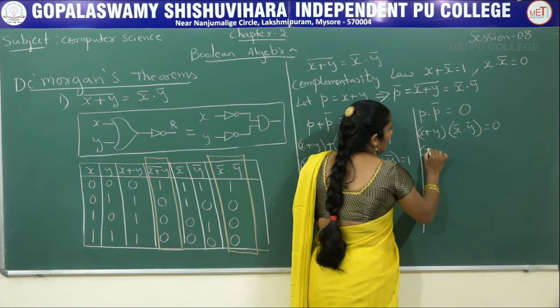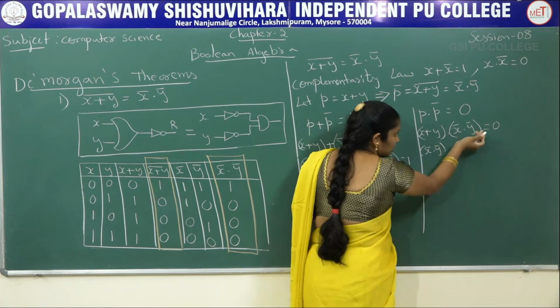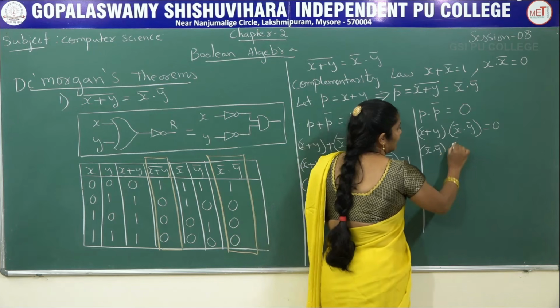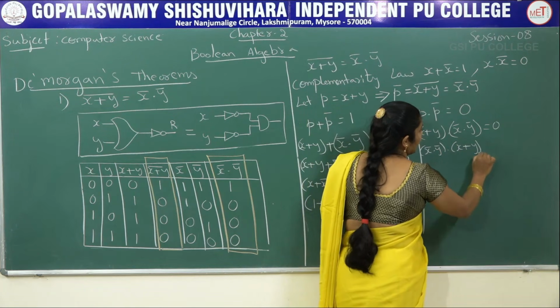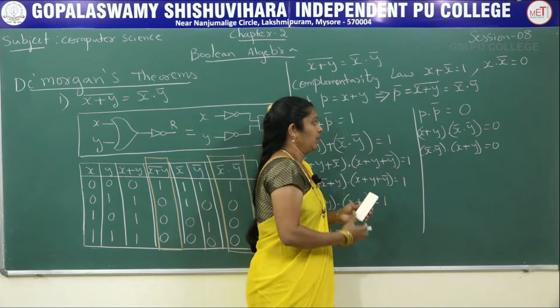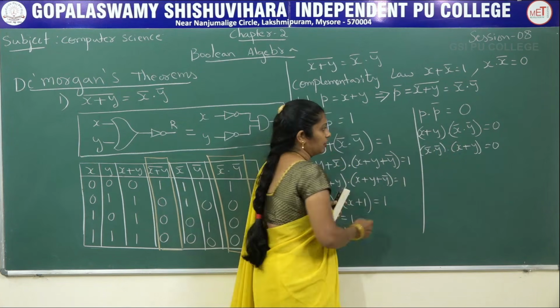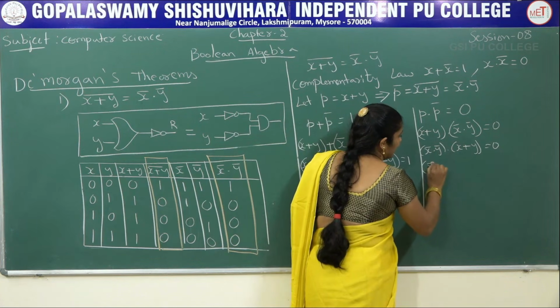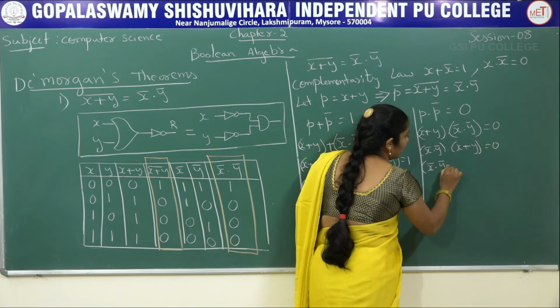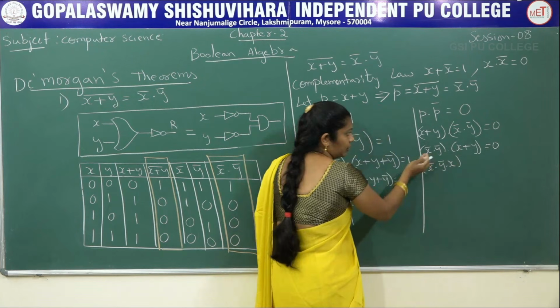First I am going to write x bar into y bar, this part first, and then x plus y equals 0. Here also we have the dot operator, so we can directly distribute. That's why the output becomes x bar into y bar into x. This part I am going to take first.